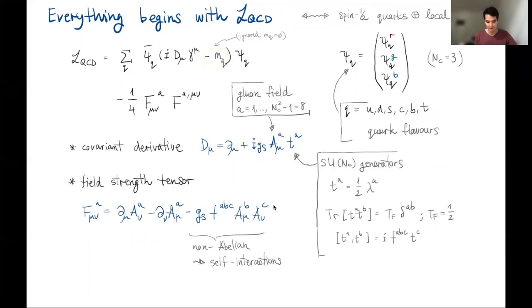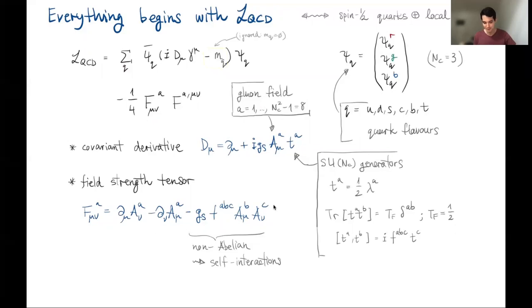We have the typical Dirac Lagrangian with the covariant derivative. I've written the quark mass term here in the Lagrangian, but in the remainder of these lectures I will completely ignore quark masses. The covariant derivative is given here at the bottom.